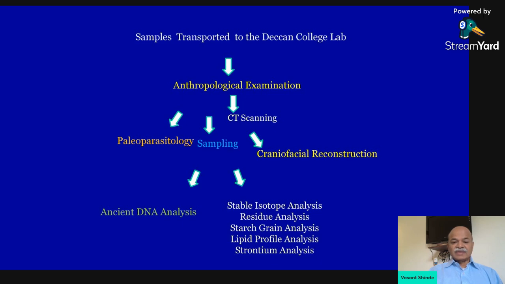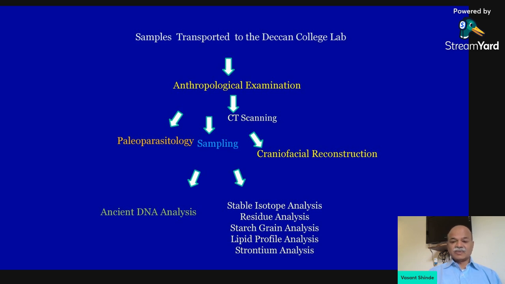We also applied stable isotope analysis, residue analysis, starch grain analysis, lipid profile, and various other known scientific methods, so that we get as much information as possible about the genetic history of the people, their diet, and their health.